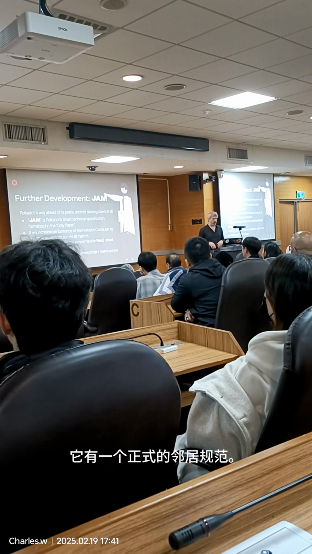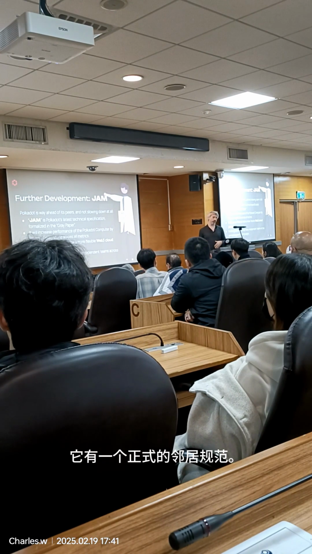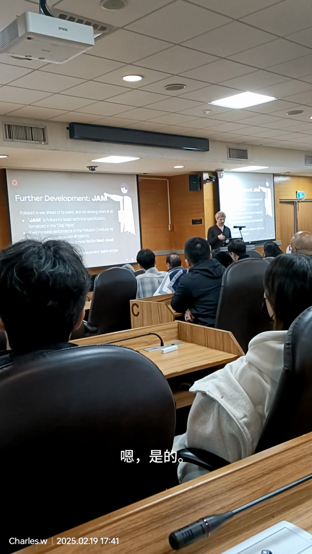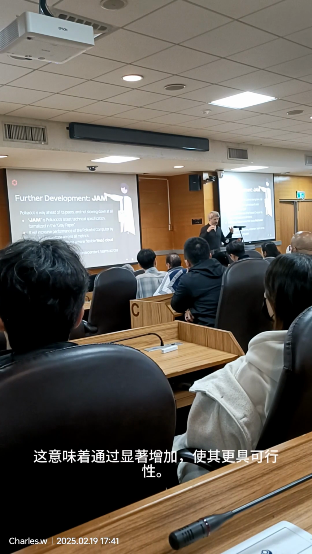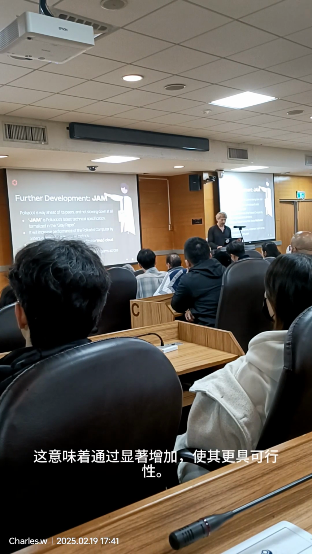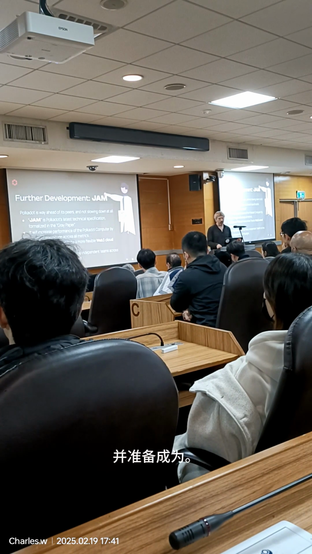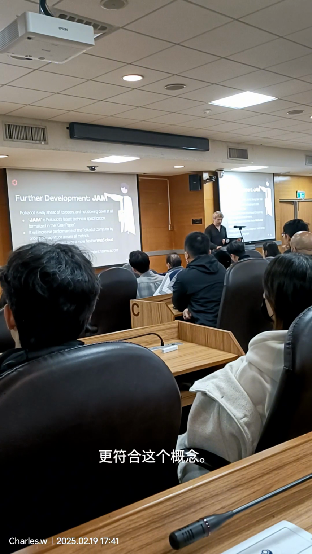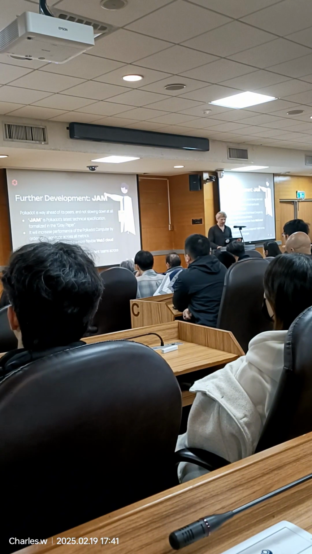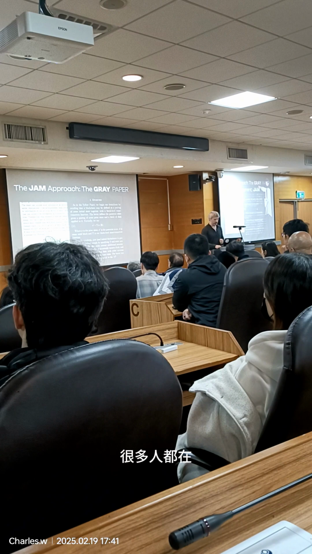It's got a formal specification, the Gray Paper. For Polkadot, it means increasing performance quite substantially and preparing it to become more in line with this concept of being a web cloud platform. There's a lot of people implementing that.